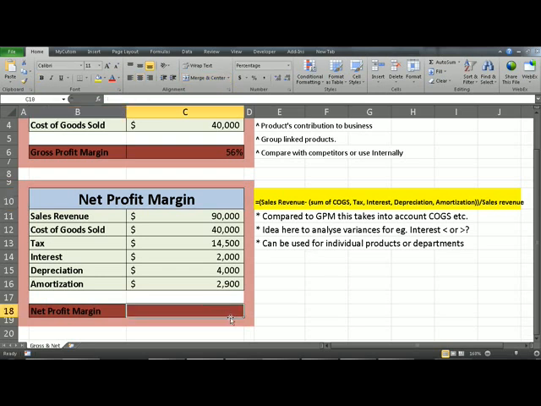To calculate net profit margin, click in C18, equals, open the parentheses, we subtract all these costs, so cost of goods sold, tax, interest, depreciation, amortization, from sales revenue.